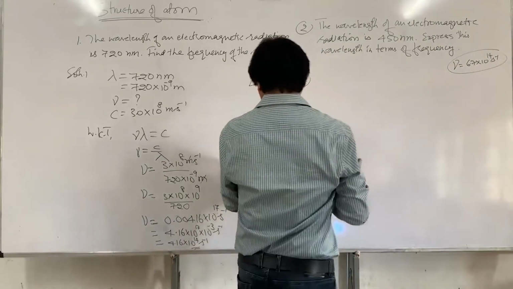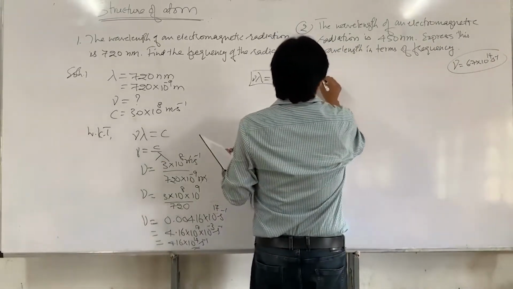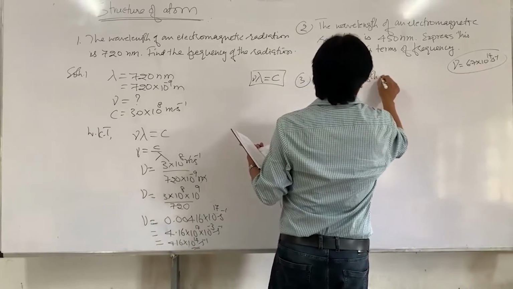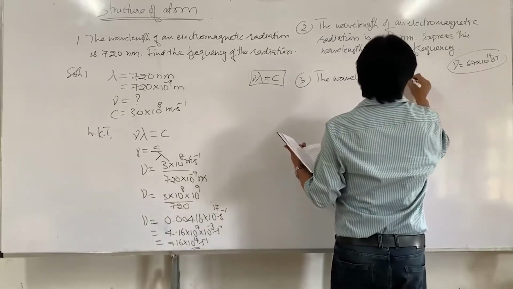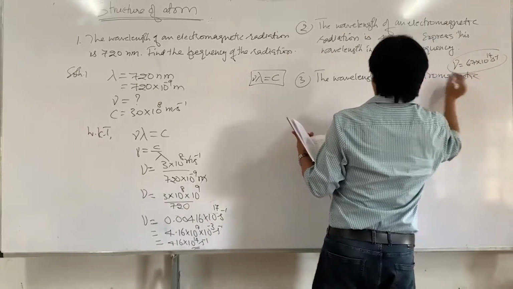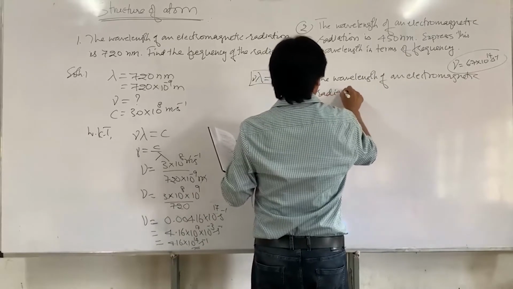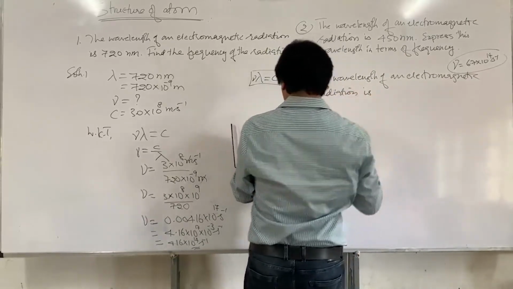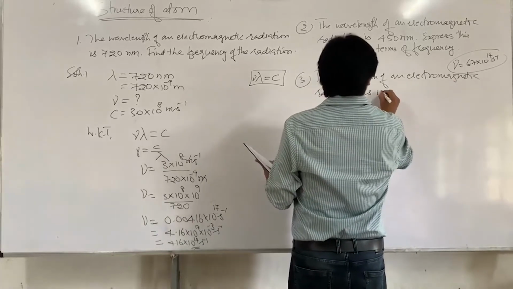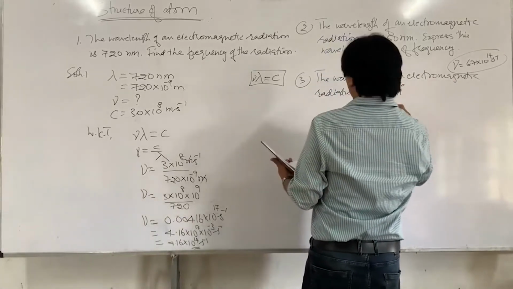Now the third one for you is the wavelength of an electromagnetic radiation is 1500 angstrom.